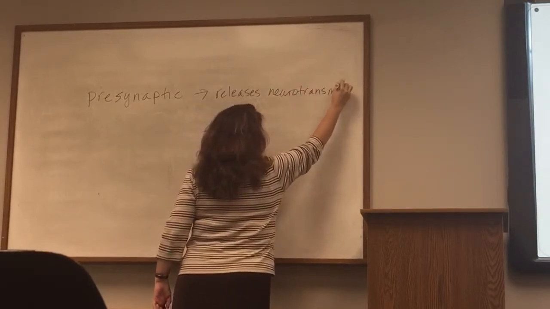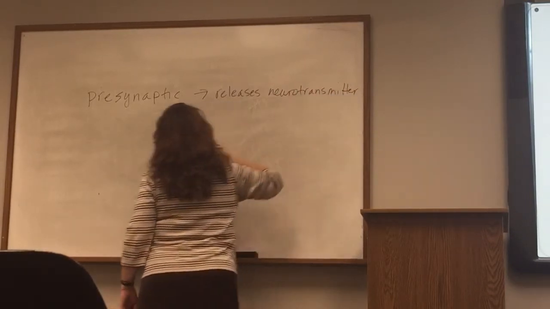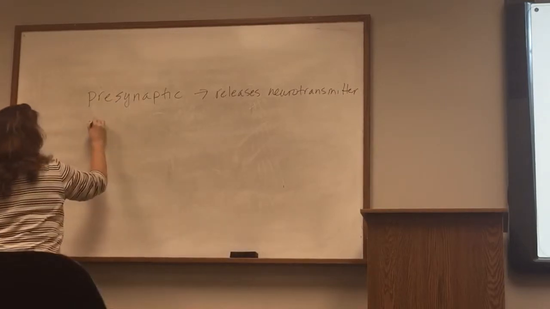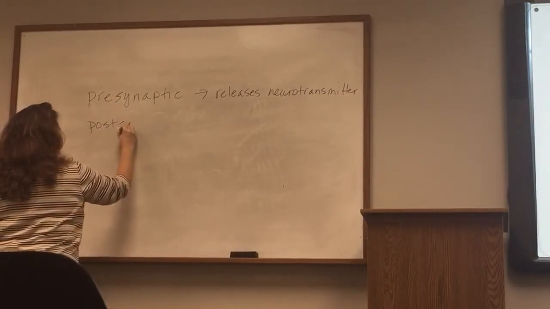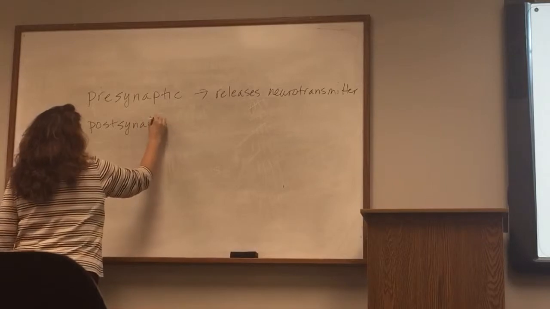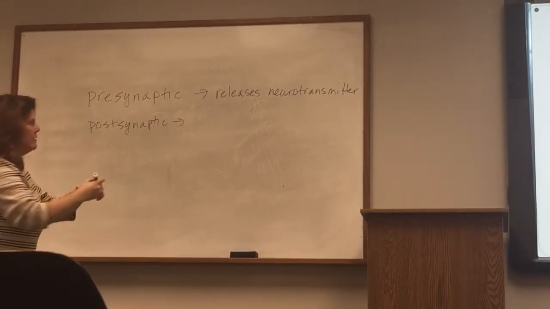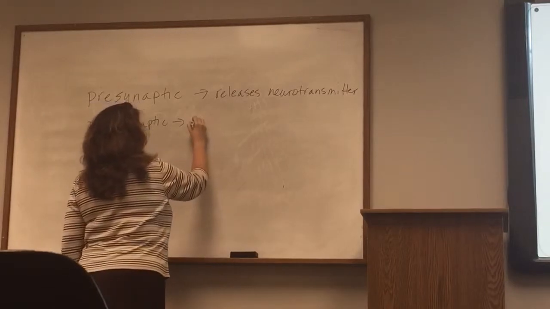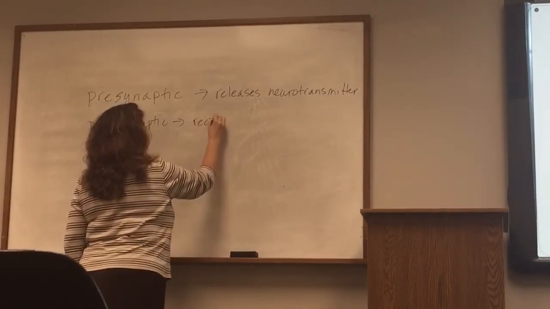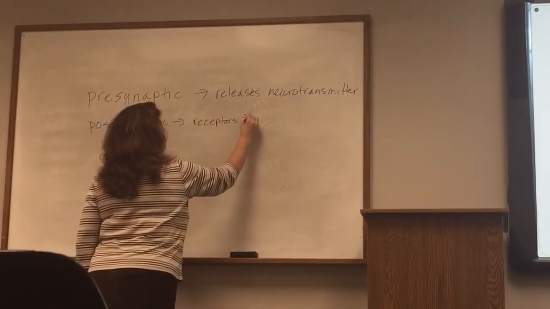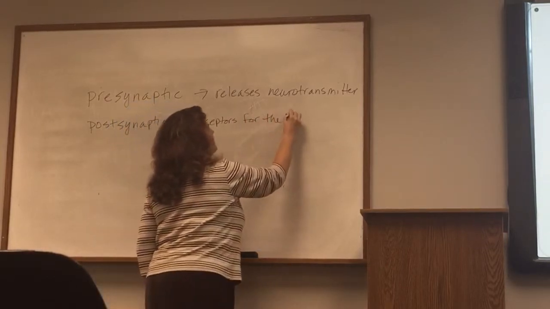It releases the neurotransmitter. The postsynaptic, I'm going to say membrane because it just depends. It could be a neuron, it could be a muscle cell, it could be a gland. This is the one that has to have receptors for the neurotransmitter.